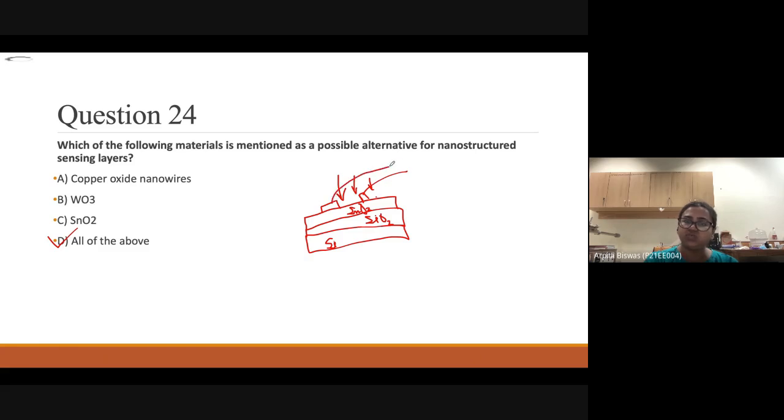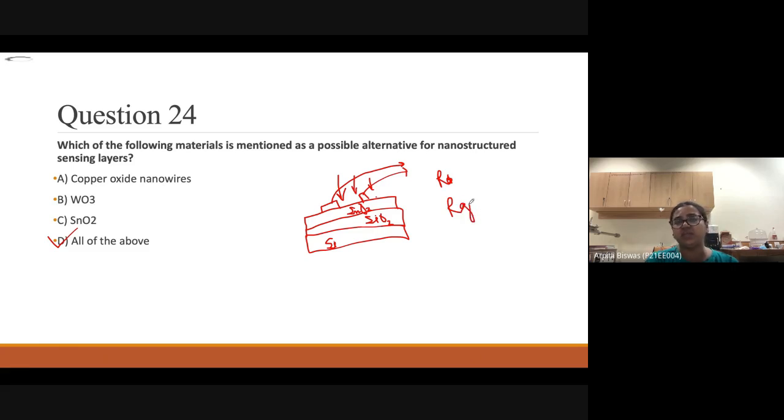By using the source and drain, they measure when the biomolecule or the VOC is not present on the device, and when it interacts with the molecule. If no gas is present, the resistance is R device, RD. And when the gas is present, they measure the resistance Rg, the resistance in the presence of gas.